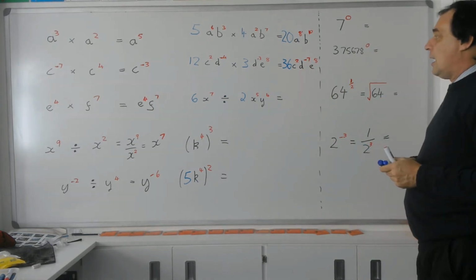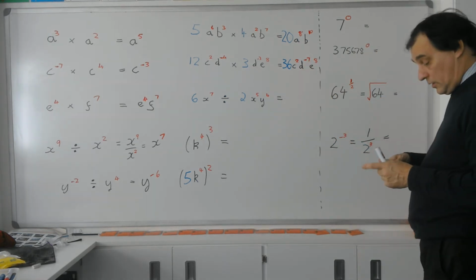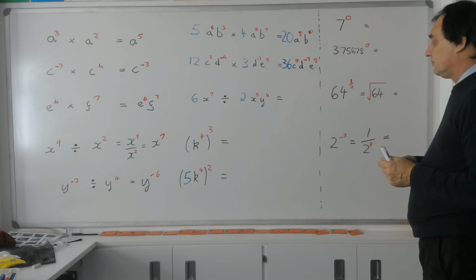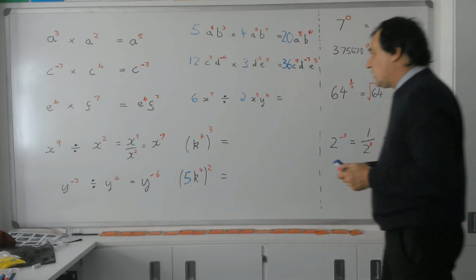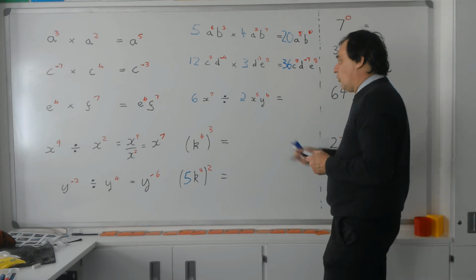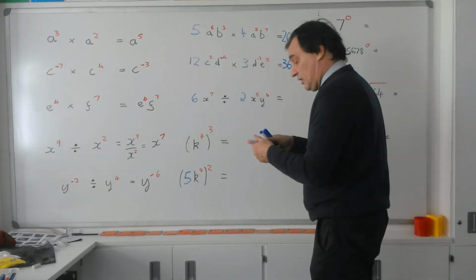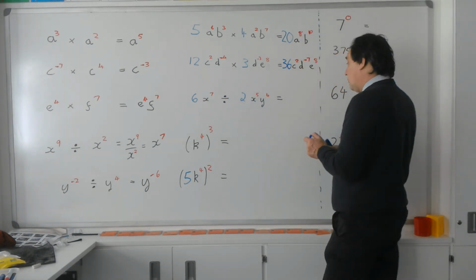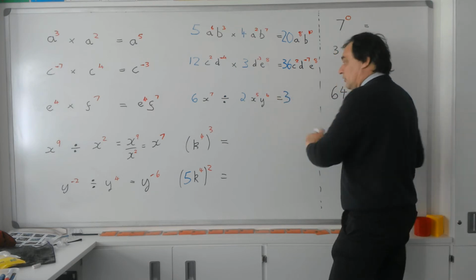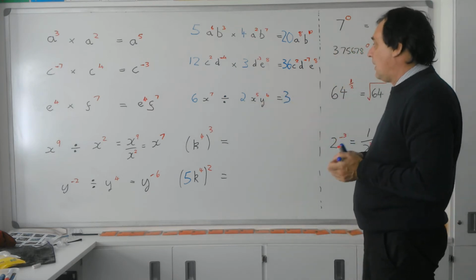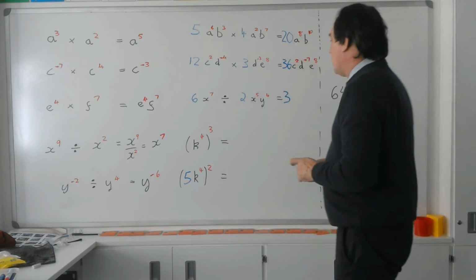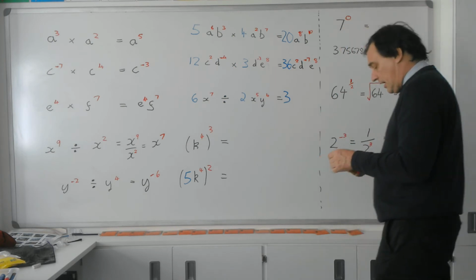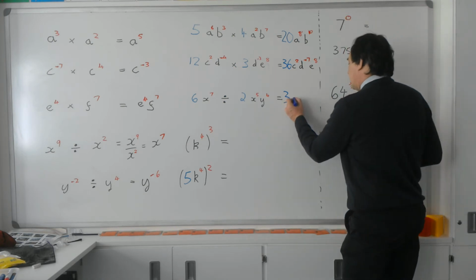Okay, next thing, dividing. So we're going to have 6 x to the 7 divided by 2 x to the 5 y to the 4. Same way, we've got our blue numbers here, the big numbers in the front. Just do a normal division there, that becomes 3. So we forget about the big numbers in the front. We've got x to the 7 divided by x to the 5, that's going to be x squared.